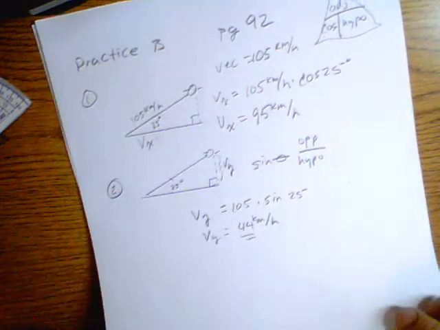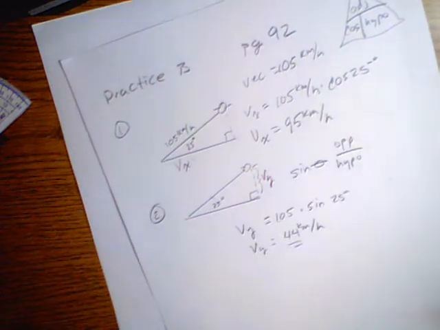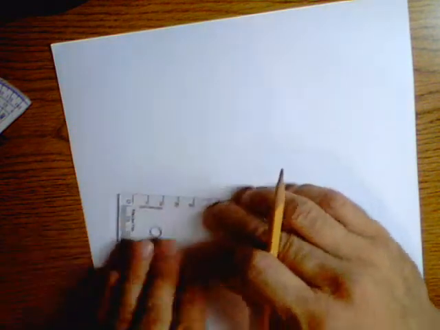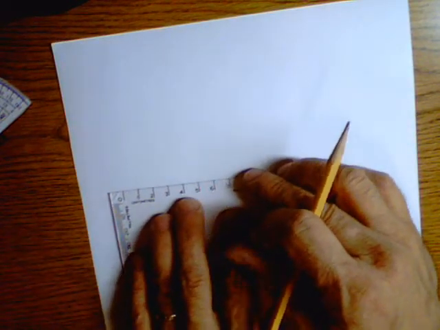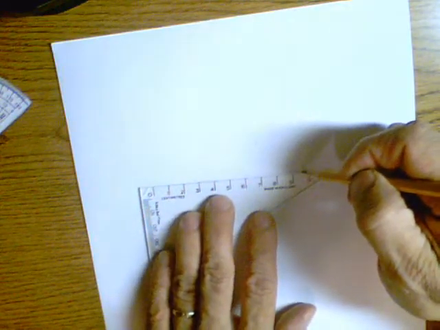Now that's the y component. Now there's one other thing that you could use this for, that you don't have to necessarily. We could use it for just any vector really.